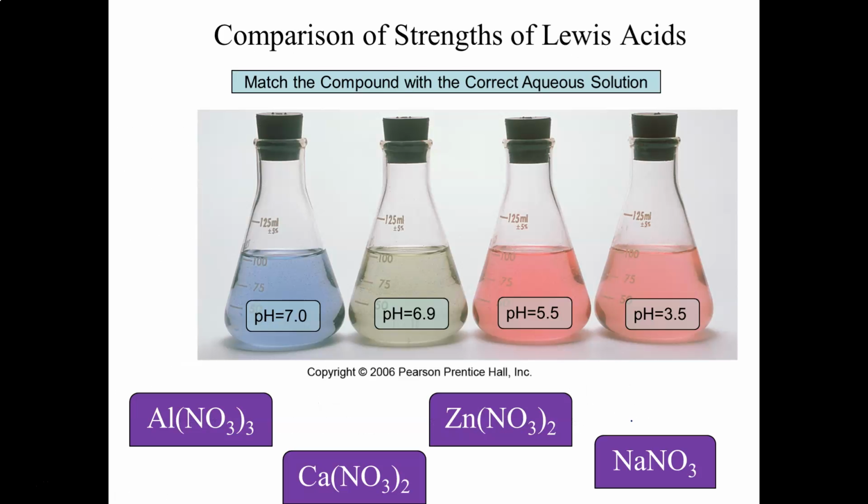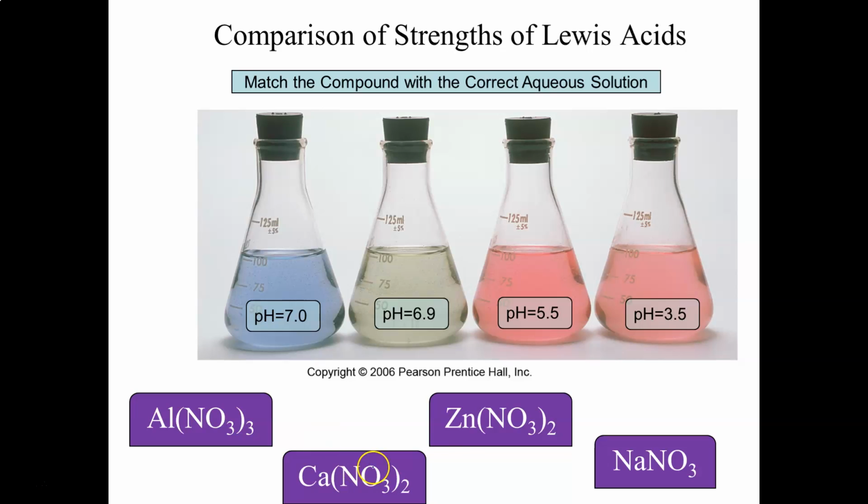All right? So to wrap it up, compare the strength of the Lewis acids on the screen here. I have 4 different solutions with these various salts dissolved in them. You can see the pH values here, so you want to figure out which one is which. Okay, match them up. So obviously this is a pH of 7 in blue here. It's a different indicator that we're using.